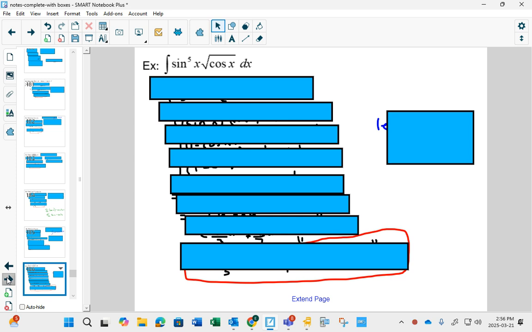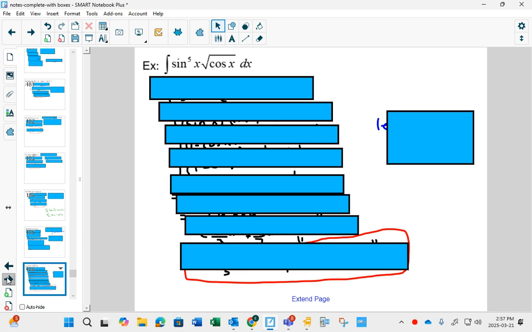Again, we see a sine and a cos. So you're going to want to make u one of those. But if you make u sine x, then du would have a cos x, right?